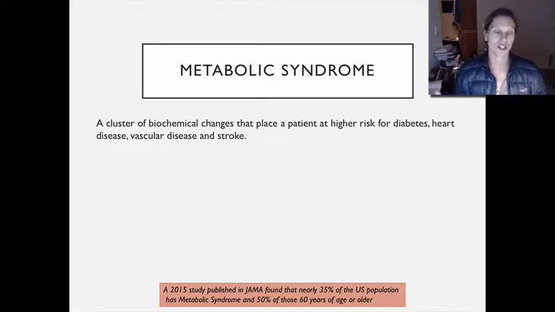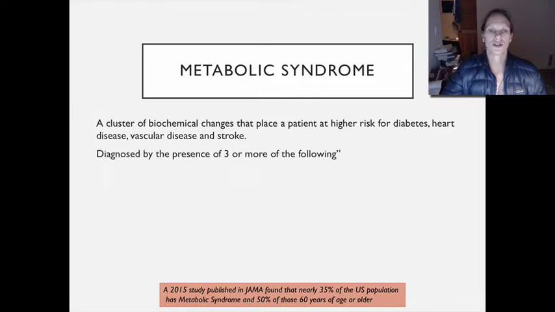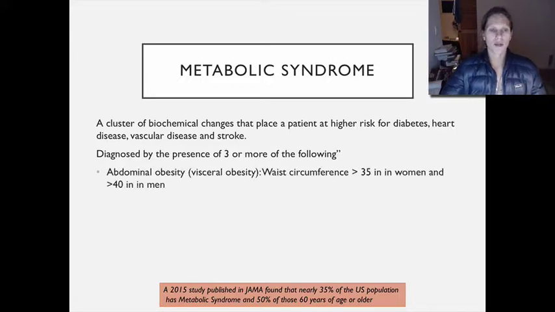Metabolic syndrome, it's a syndrome, so it's just this constellation of symptoms that really increase the risk for diabetes, as well as other cardiovascular diseases like heart disease, vascular disease, and stroke. So the diagnosis of metabolic syndrome requires you to hit three or more of the following. One is abdominal obesity, which is referred to as visceral obesity, which is a waist circumference that measures greater than 35 inches in women or 40 inches in men.